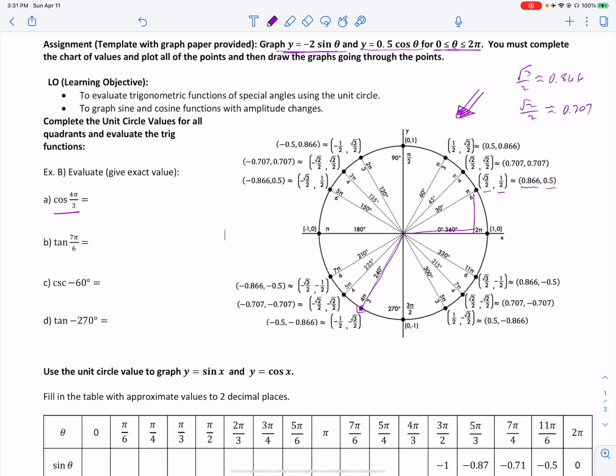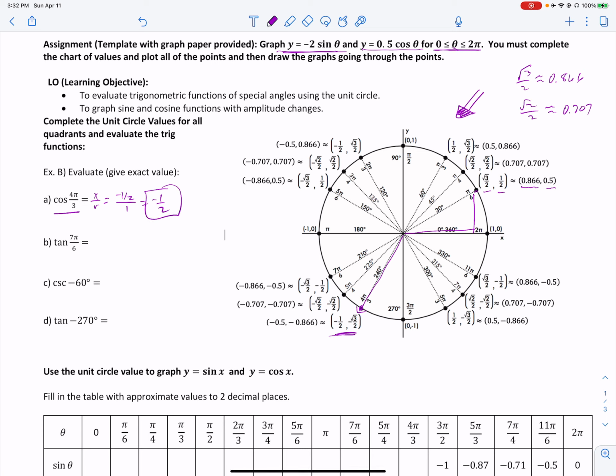The terminal side hits the unit circle at this ordered pair, to the left 1/2 and down √3/2. So cosine of 4 pi thirds is your x coordinate there. It is x over r. The x value is -1/2, but because r is always 1, it ends up just being that x coordinate of -1/2.